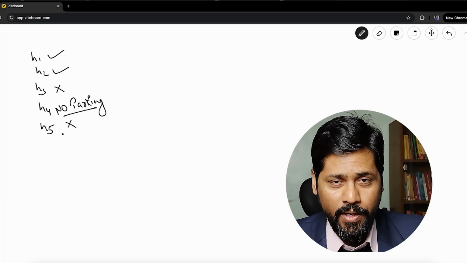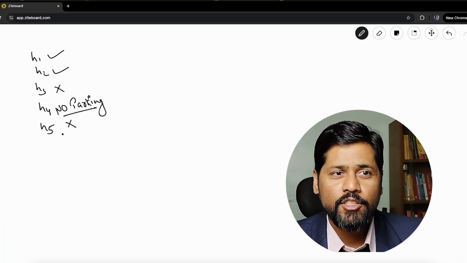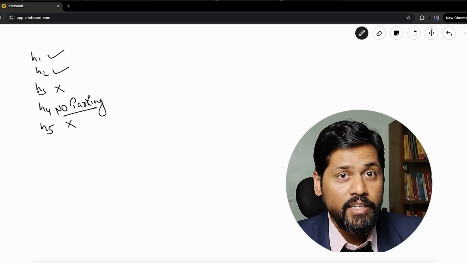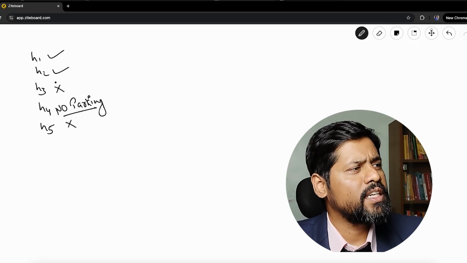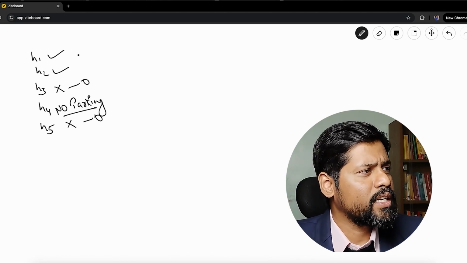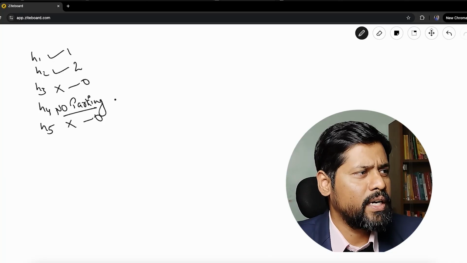Now let's say as developers we make this rookie mistake. H3 and H5 do not have data for parking, so we say it has 0 parking. And let's say H1 had 1 parking, H2 had 2 parking, and H4 has no parking, so it's obviously 0.